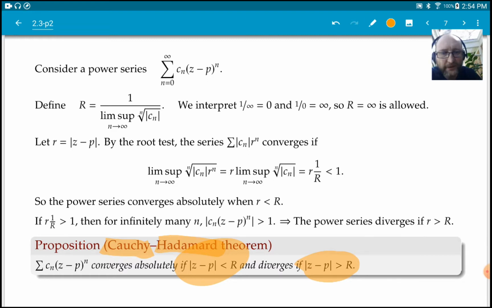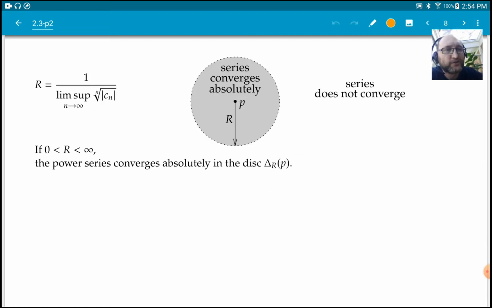So all right. Graphically, what that means is that we have a P, and we have a disk of radius capital R, possibly infinity, or 0 if it's nothing.